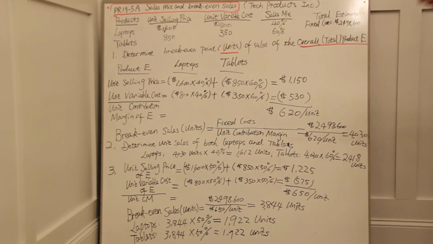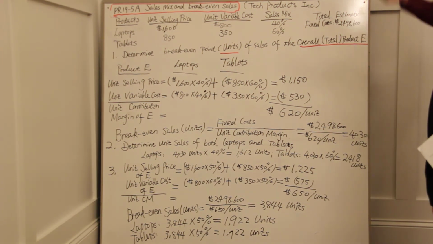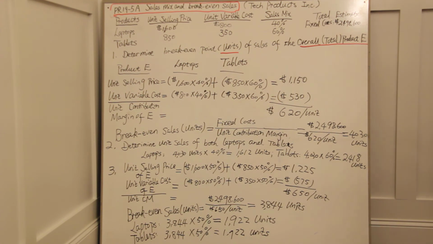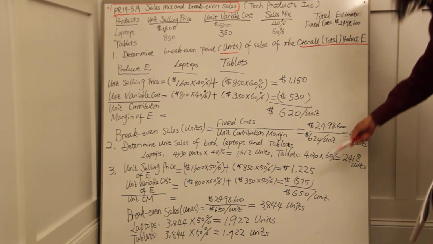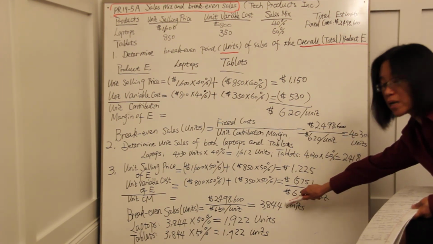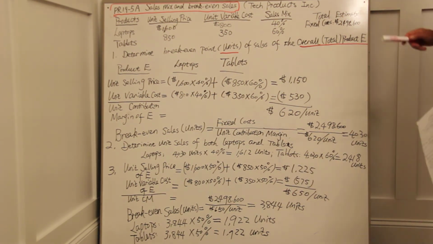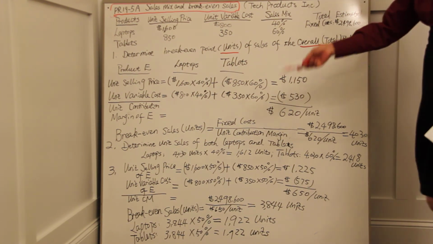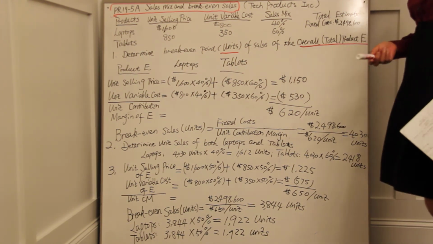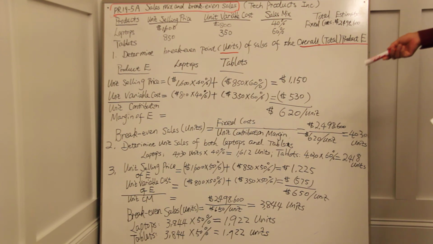So the same way we can determine the laptops units at break-even sales. It equals the break-even sales units for overall product, 3,844, times the laptop sales mix, which is 50%. It gives us 1,922 units.